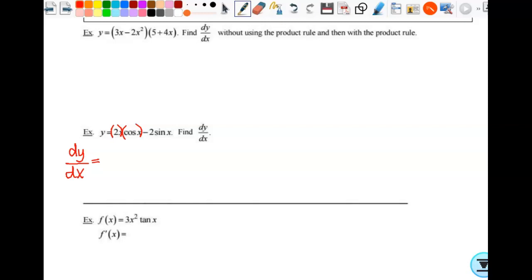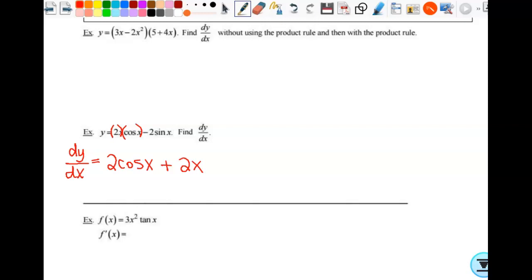What is the derivative of 2x? 2 times the second. Leave it alone. Plus the first, 2x, times derivative of the second. So what is the derivative of cosine x?